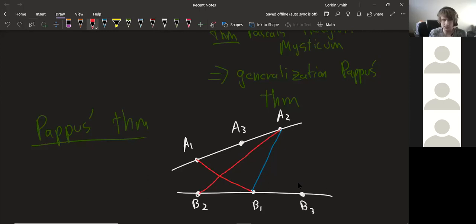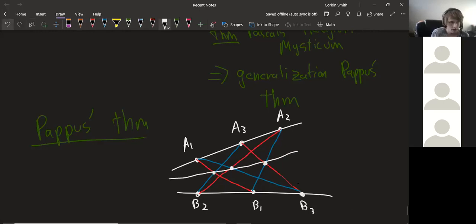And then A1 to A2 with a blue or red line, B2 to A3 with a blue line, A3 to B3 with a red line, and then B3 to A1 with a blue line. So you just alternate red, blue, red, blue, red, blue. Then what you do is you look at the intersections of the red and blue lines. And it's an amazing fact that these three are collinear.